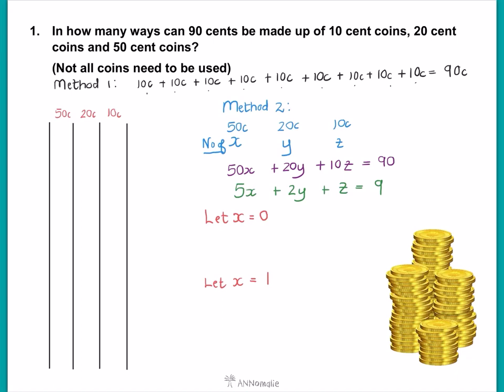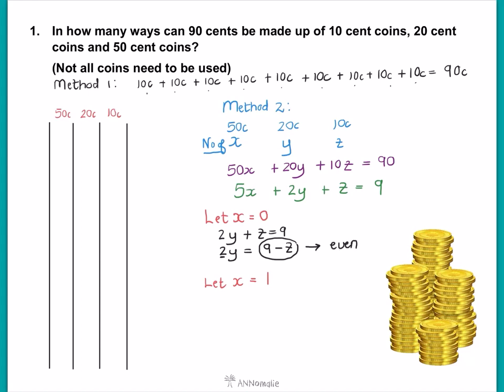Mathematically, that will then be 2y plus z equals 9. So 2y is equal to 9 minus z. This means that this must be an even number because there's a 2 in front of the y. So 9 minus z must be even.